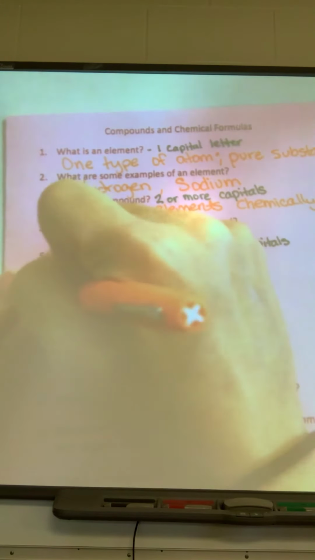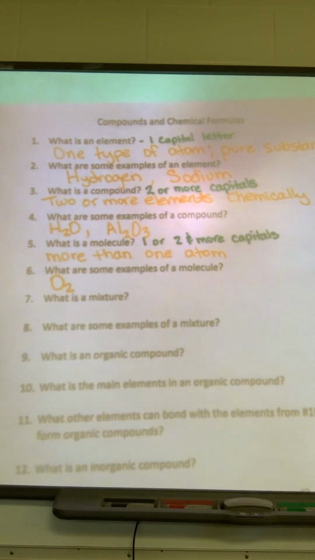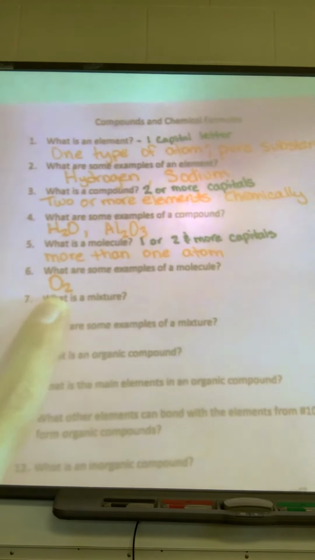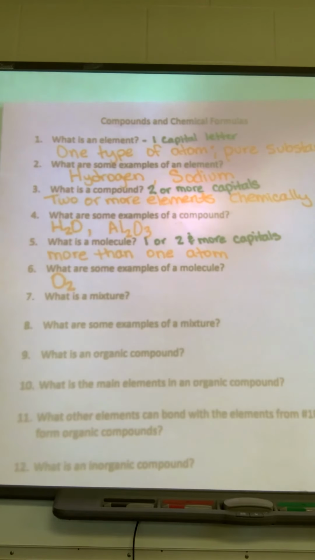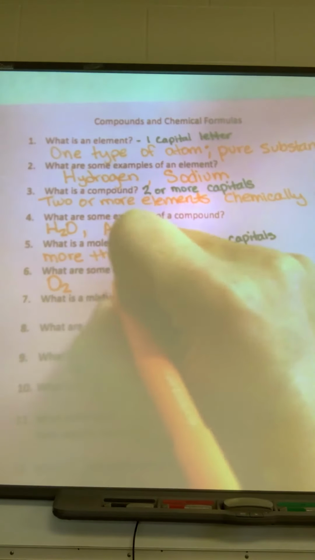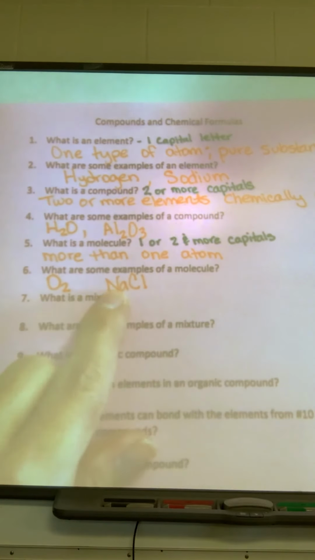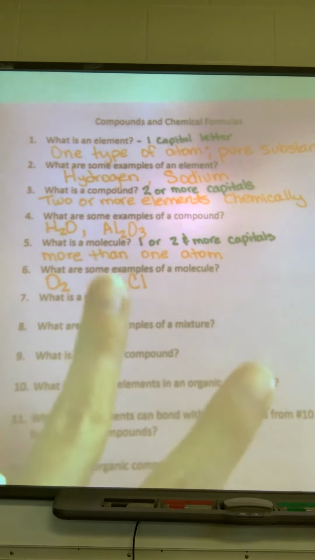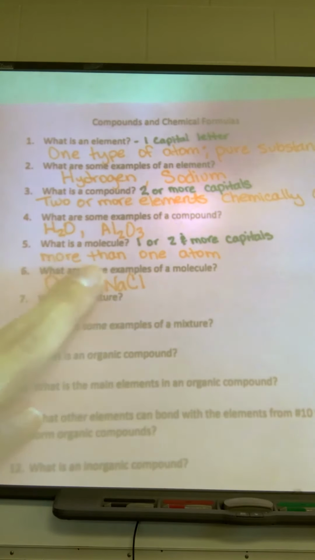So if I had O2, I know my subscript of 2 meant that I had 2 oxygen atoms together. That's still a molecule because I have 2 atoms. It's just an element molecule. Okay, so it's an element, but it's a molecule of oxygen because I only have 1 capital letter making it an element. I could have NaCl, and that's still a molecule because I have 1 sodium and 1 chlorine. That makes 2 atoms, and that still gives me what I have to have, more than 1 atom.